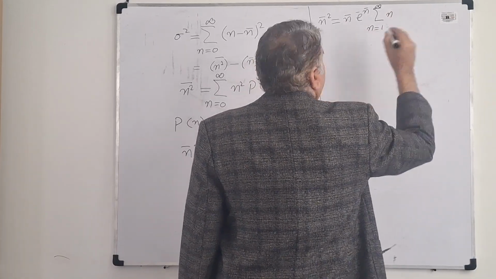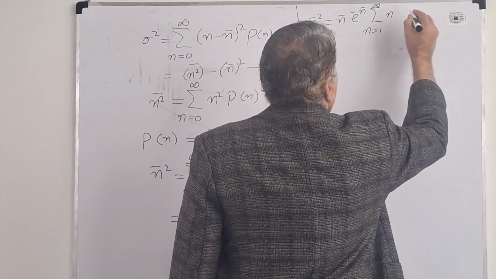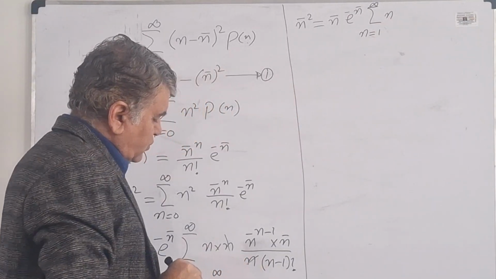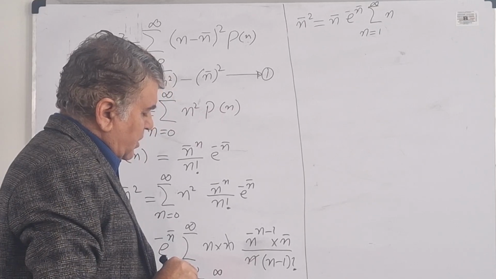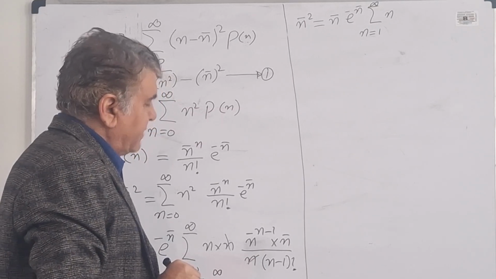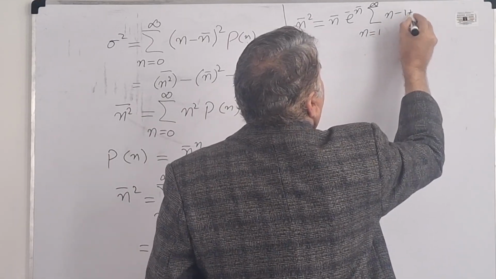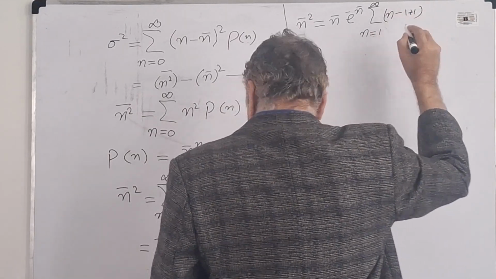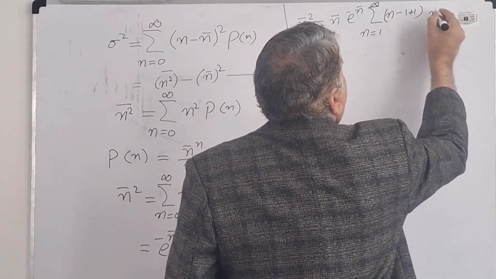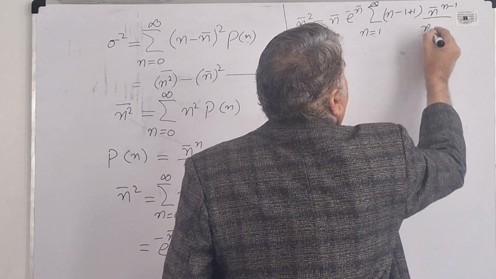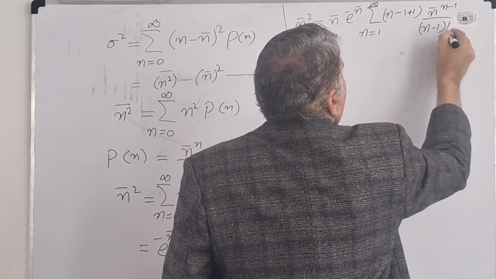Of n, and one thing more, I want to add a 1 to this term and subtract a 1 from this term to write it like this: n minus 1 plus 1, and then n bar raised to the power n minus 1 divided by n minus 1 factorial.